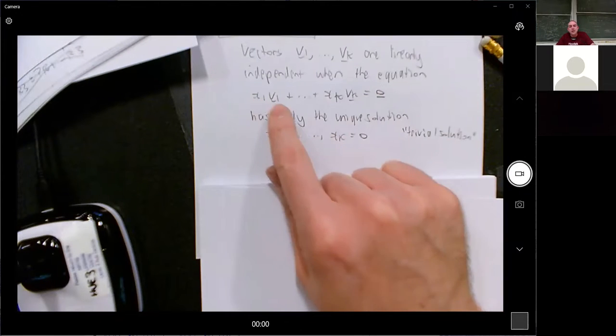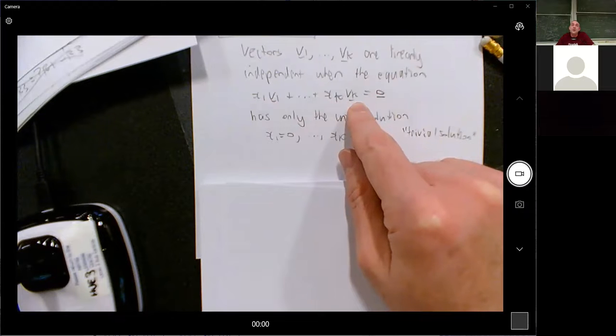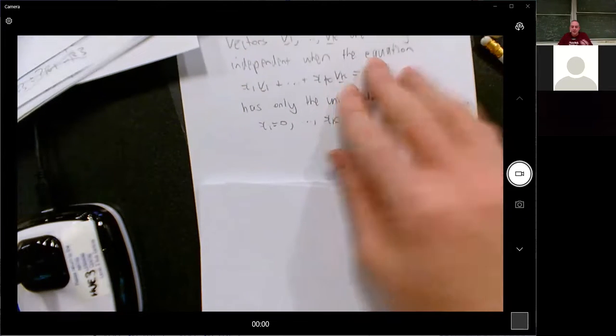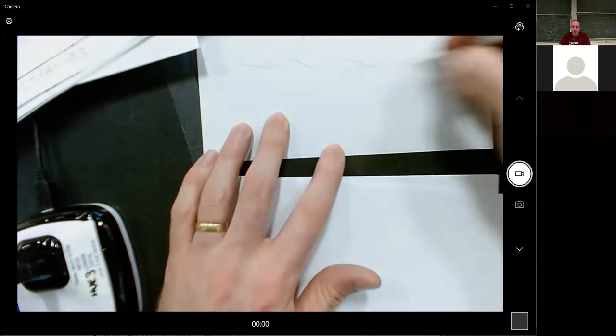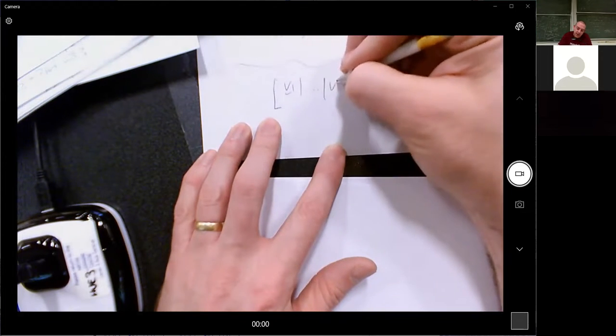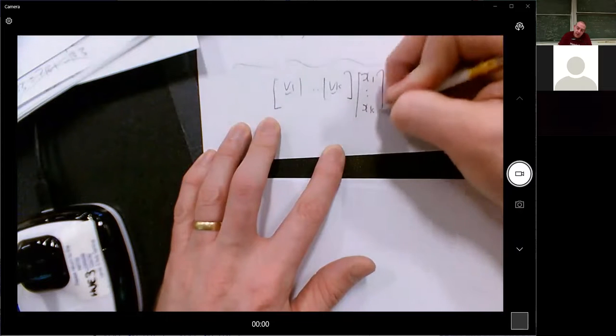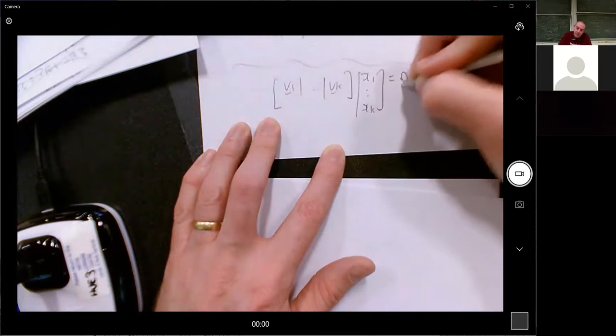Oh look, it's a linear combination of columns. I could do it as matrix multiplication if I wanted. That's the same as saying a matrix made of the vectors v1 up to vk times the vector of x1 up to xk is the 0 vector.